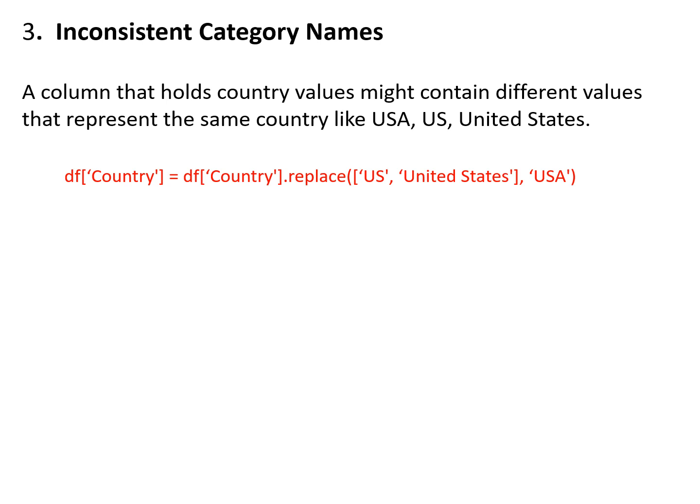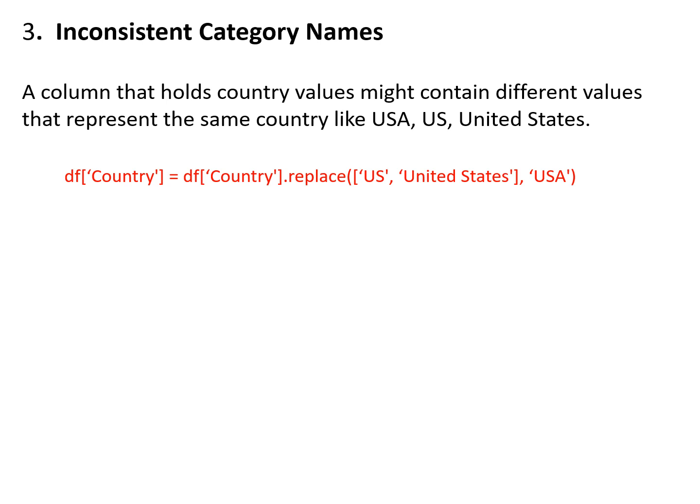Inconsistent category names. So if we had a country column and sometimes maybe for United States we'd have US, sometimes United States, maybe even USA, well, we would have to decide which way we really want it. And so if we decide that we want all of the United States values to be changed to USA, we would use this replace method.